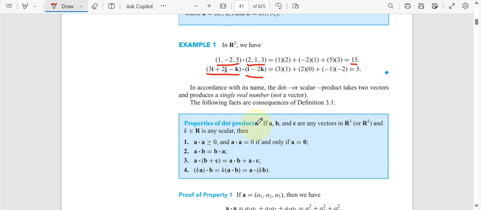Now, it turns out that there are certain things that are true about the dot product regardless of the particular vectors we're working with. For example, if you dot A with itself, it's never going to be negative. That's kind of clear because if you take this times itself, you get 1 squared, negative 2 squared, and 5 squared.